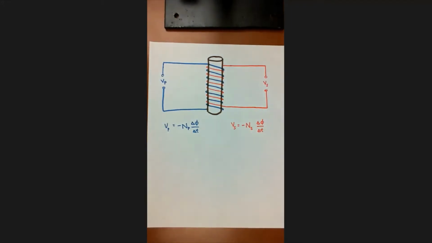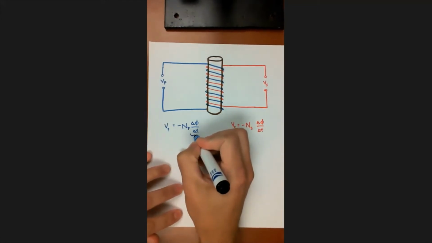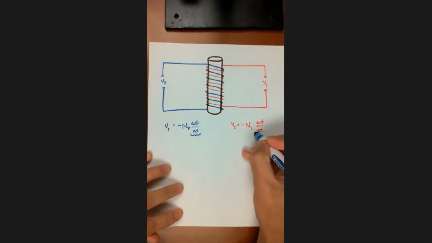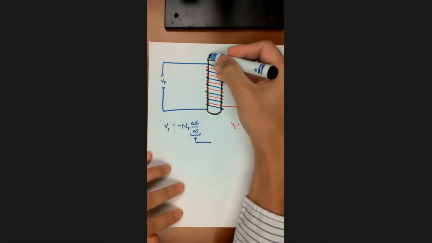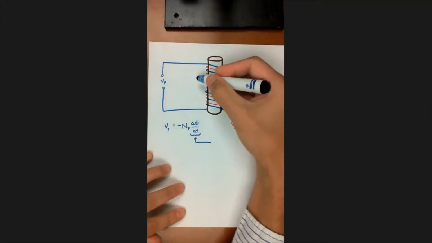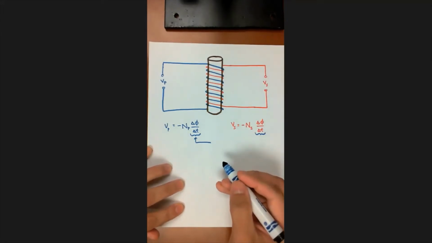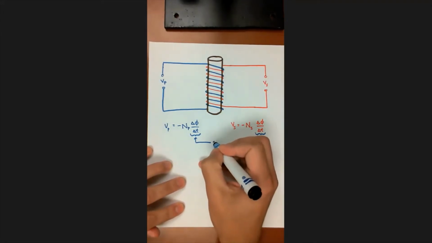Well, what we can actually say is that they're the same. They're the same because they share the same magnetic field. So this term right here and this term right here are the same because they're both wrapped around the same core material. Therefore, they share the same magnetic flux.